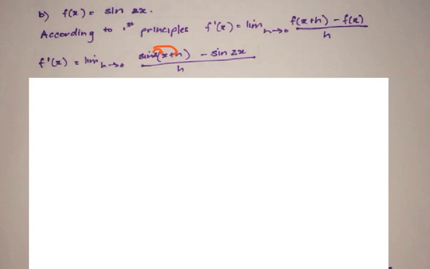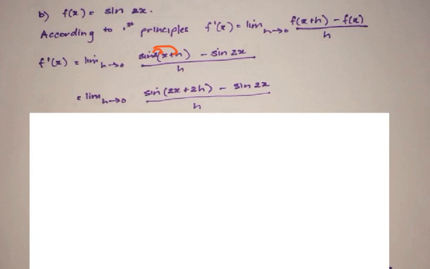Right, so that's 2 times x and 2 times h to get sine of 2x plus 2h. So now we have f dash of x is equal to the limit as h tends to 0 of sine of 2x plus 2h minus sine of 2x all divided by h.